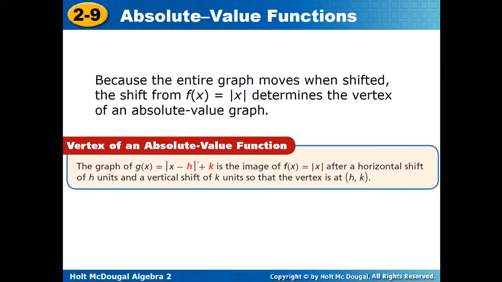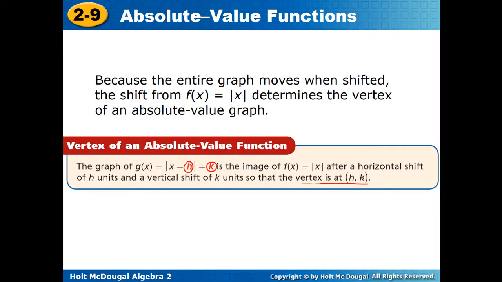Just like we know that y equals mx plus b, and we know what the y, the mx and the b all equal, same here. When we have an h and a k, that is going to be where our vertex is. This is going to make it really easy to find our absolute value graph, because all we need to do is find our vertex, and it's going to be at h comma k.